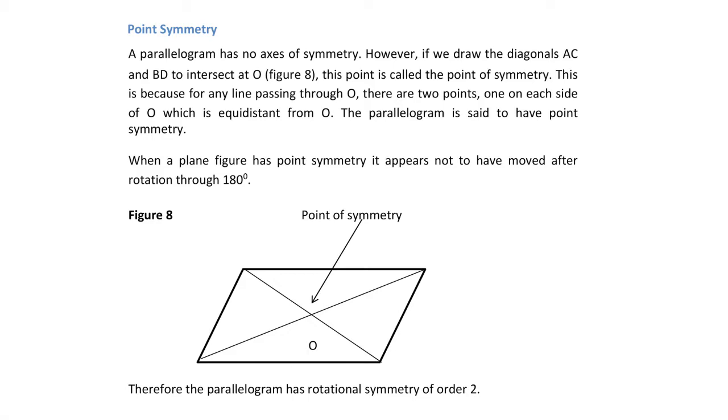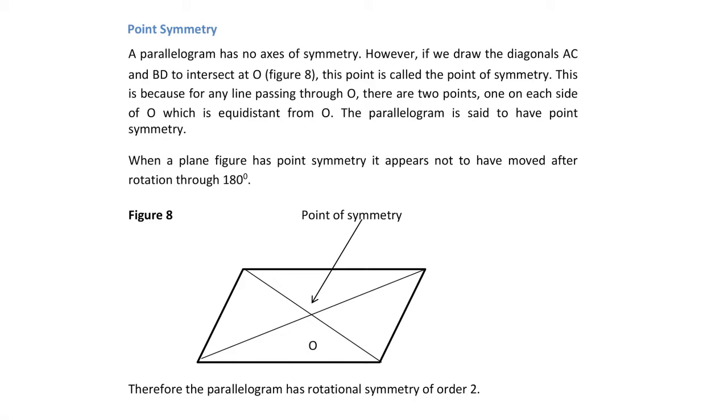This is because any line passing through O, there are 2 points, one on each side of O, which is equidistant from O. The parallelogram is said to have point symmetry.